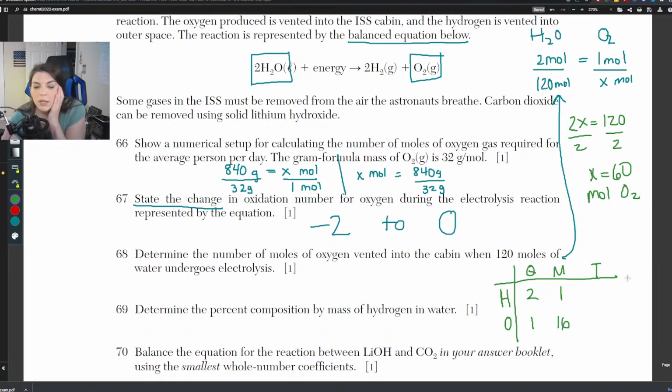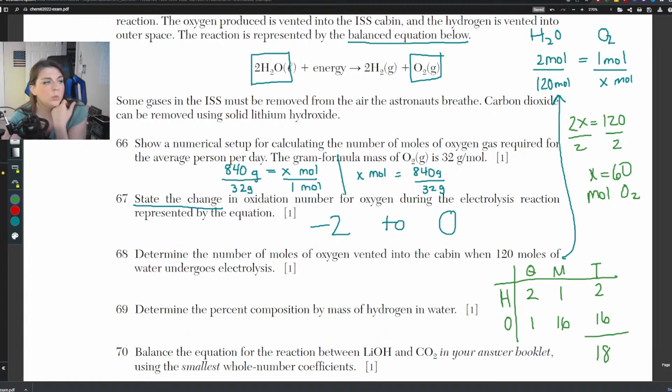You multiply going across. 2 times 1 is 2. The total of all of my hydrogens is 2. 1 times 16 is 16. All of my oxygens, all one of them, has a mass of 16. And then you add going down to find the total mass. So the water has a mass of 18, but hydrogen has a mass of 2.